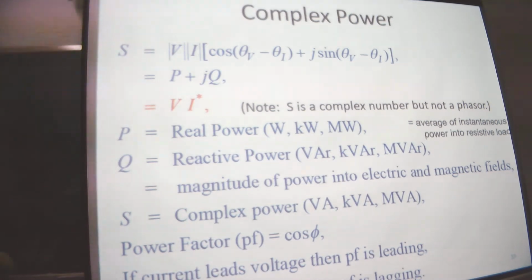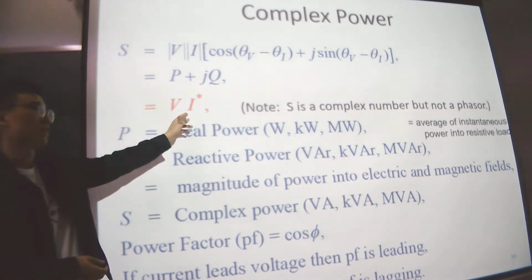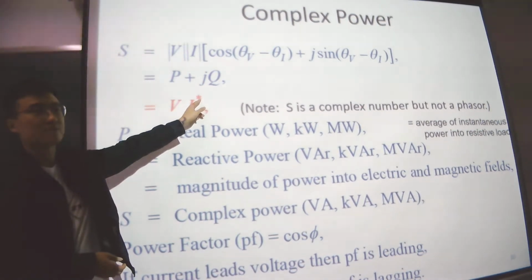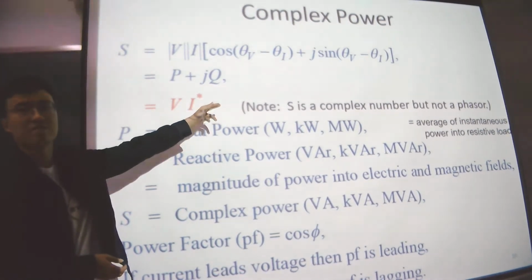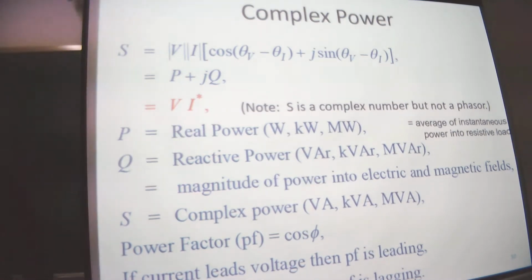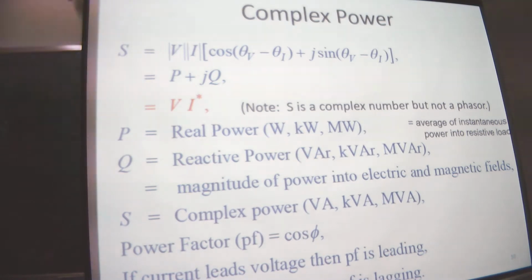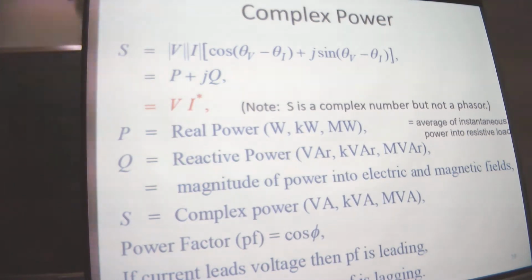Maybe one thing I forgot to inform you about is this star. The star means the conjugate of the complex variable. You can substitute the negative in both places, right?